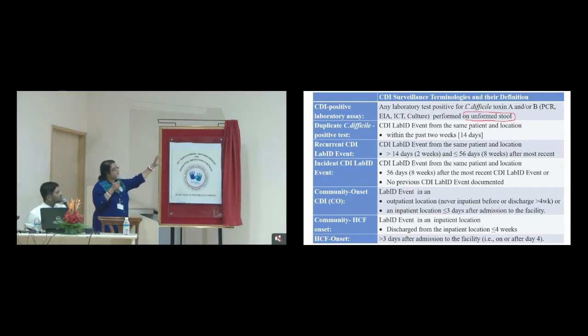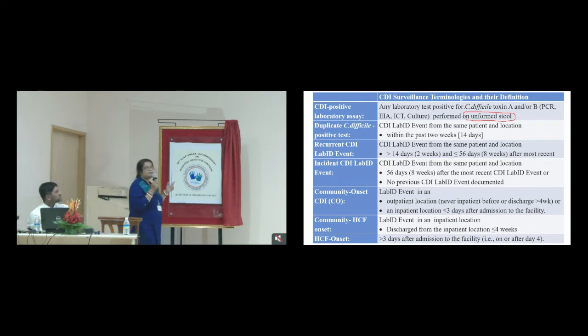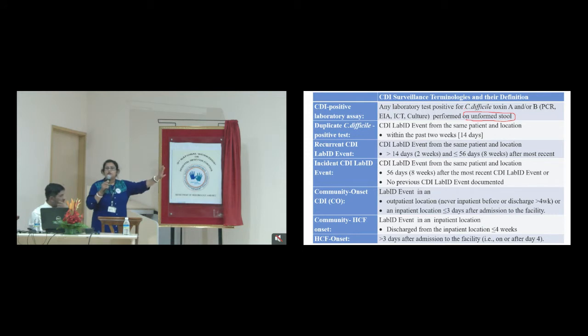All right, so this is something which we need to see. There are many definitions, and it is based on the timeline. A CDI positive laboratory assay: you need to have a laboratory test positive for Clostridium difficile toxin A and or B, proven by either PCR, ELISA, ICT or culture, performed on an unformed stool.